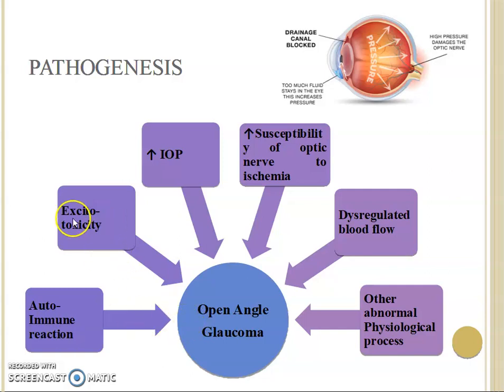The next is excitotoxicity. Excitotoxicity is associated with increased glutamate levels, beyond 27 micrometer. In this condition, there is vasoconstriction of the vascular network in the eye region, and retinal ganglion cell death is also there. Next, increased intraocular pressure.